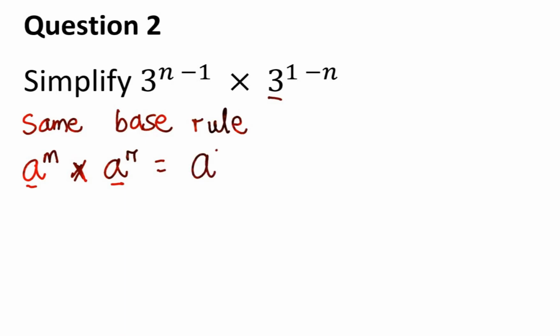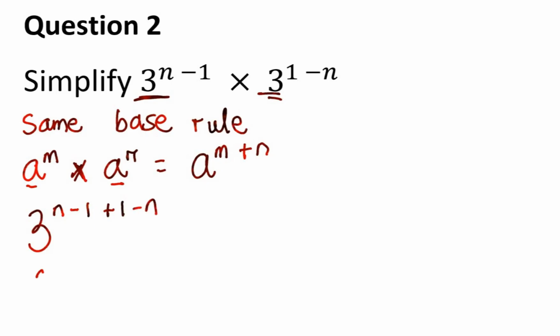If it's multiplication, you do addition: add up the exponents, m plus n. Since the bases here are the same, 3 and 3, I'll pick one of them and add up the exponents. That's n minus 1 plus 1 minus n.